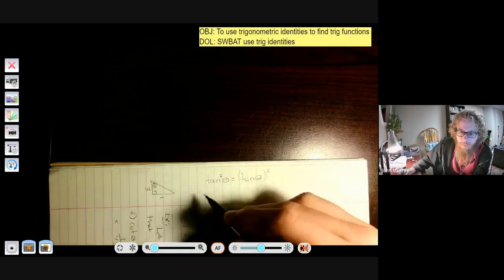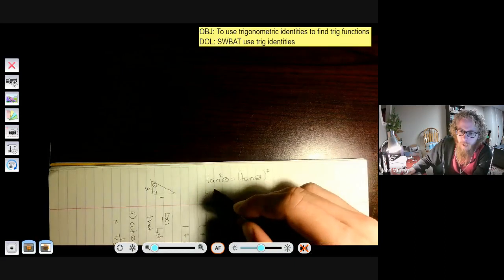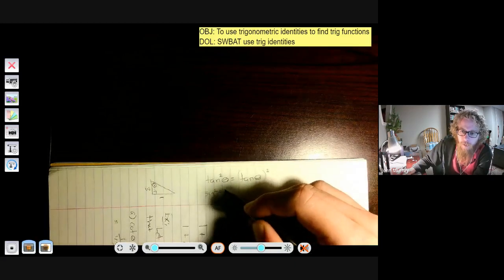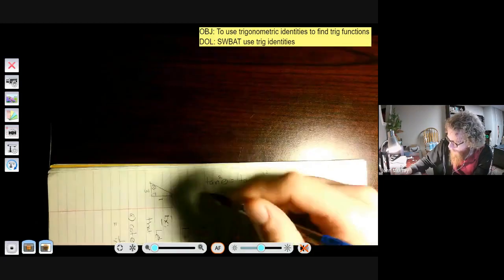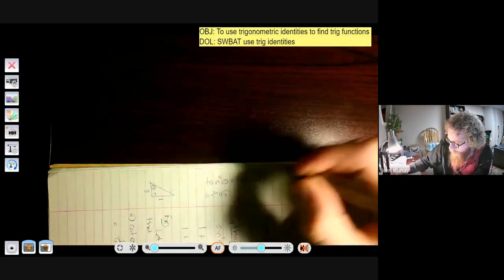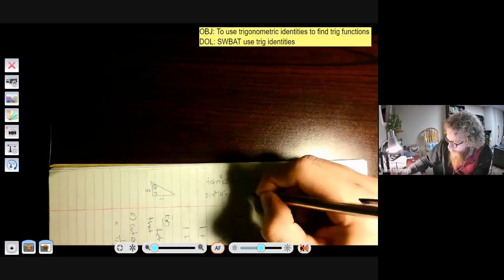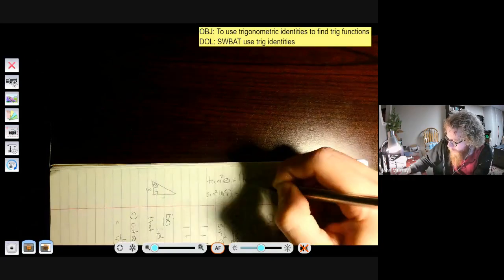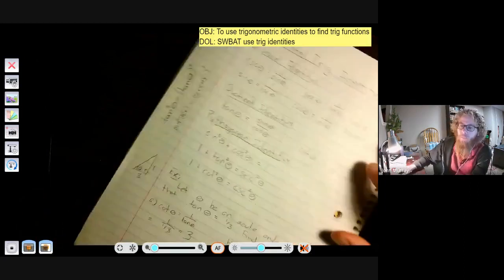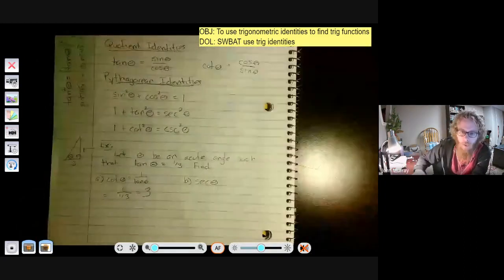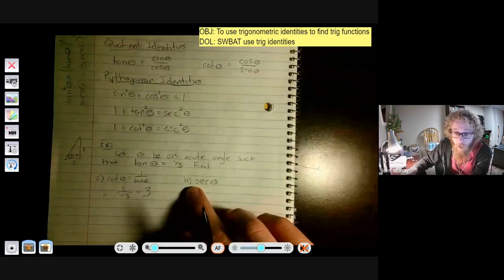So if you had sine squared of, let me not do 90, do 45, that would be the same thing as the sine of 45, taking that answer and squaring it. So just know that as we go forward.